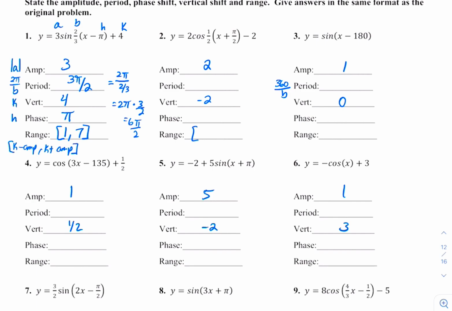So I'm going to go through and find those. So remember, we're doing K minus amplitude. So this will be -4, and then K plus the amplitude. So this will be -1 to 1. And then 1/2 minus 1 is -1/2, and 1/2 plus 1 is 3.5.